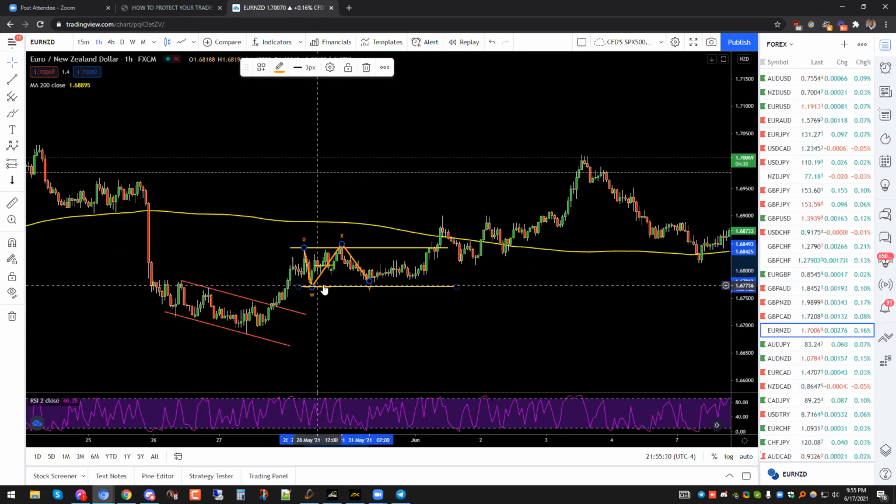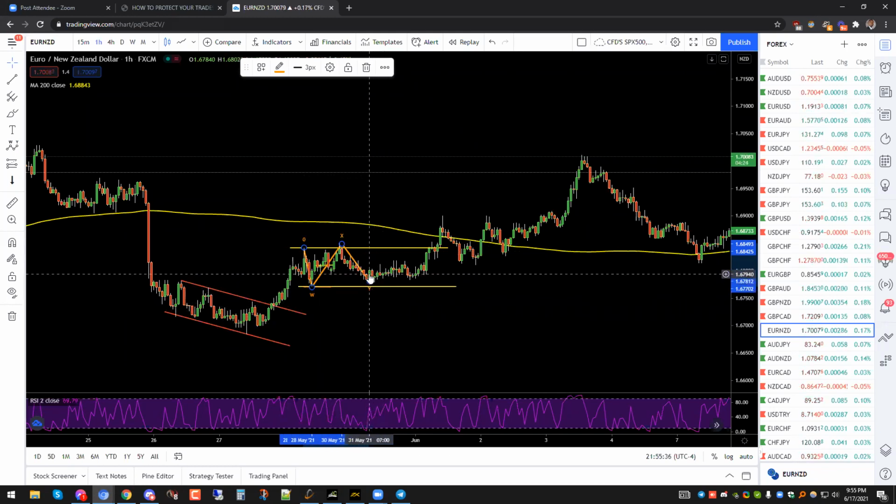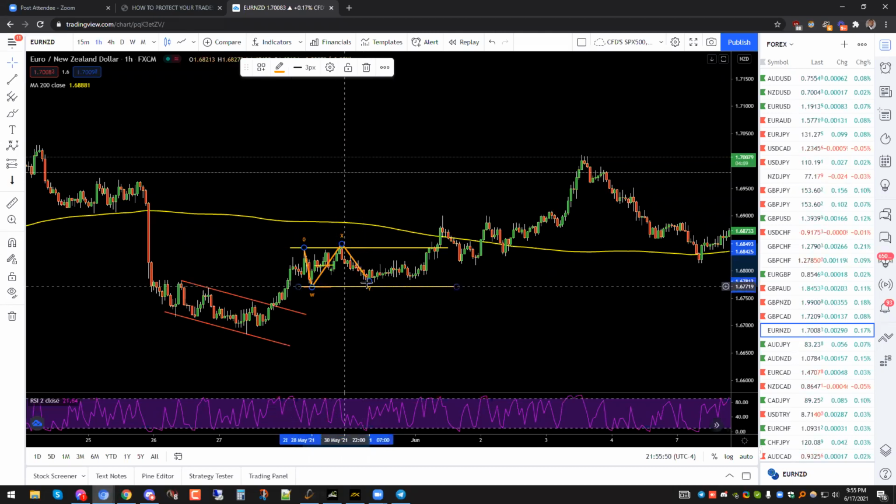Okay, we did not hit the stop in this case. Why? This is a running flat formation. So it didn't come back to break the low. If it had come back and broken the low, we would be stopped out because we entered somewhere here. So if we did not come back to break the low, as you can see, we did not come back, break the low. We're still in this trade.